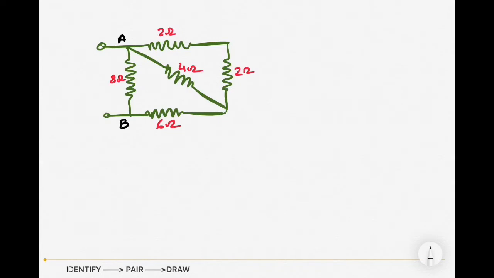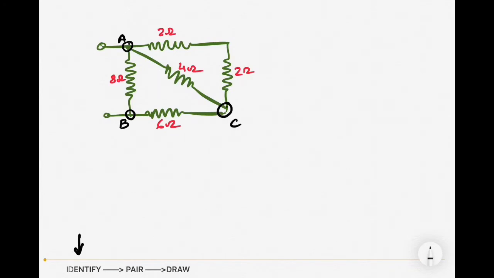Here we need to apply the three-step process we just talked about. The first is to identify the junctions. If I go around the circuit, I will see there is one junction A, another junction B, and another junction C.